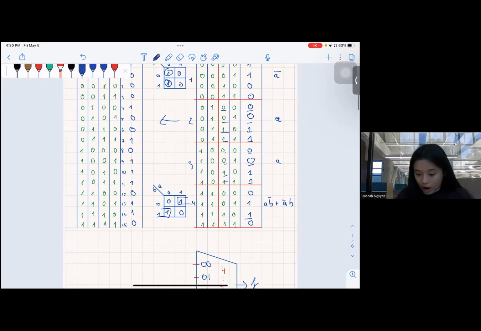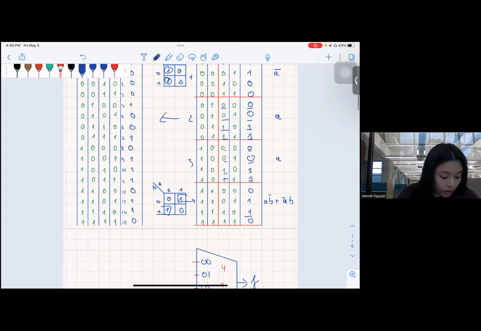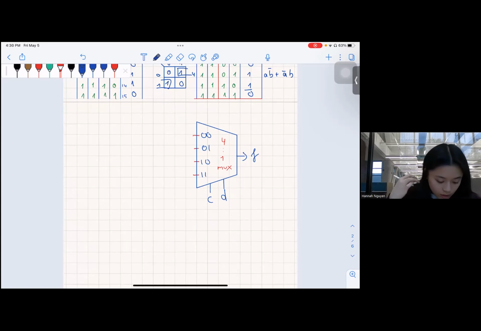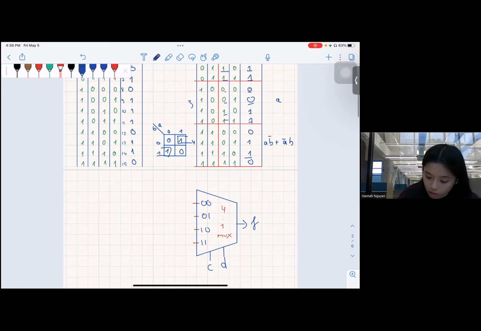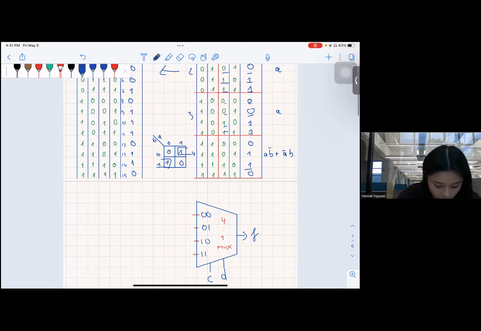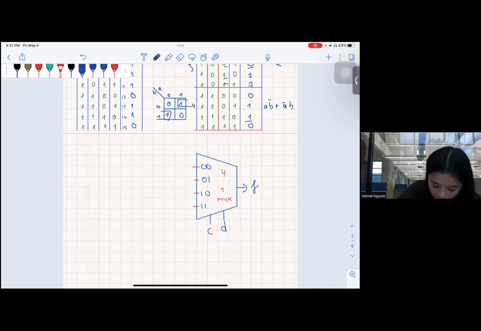Now, according to the function that we found up there, we will draw a logic gate for it. For when CD is 0, 0, the input is going to be A negate. So I have A right here, then I draw the NOT gate, then go to 0, 0.